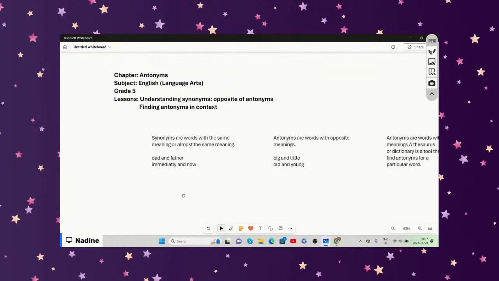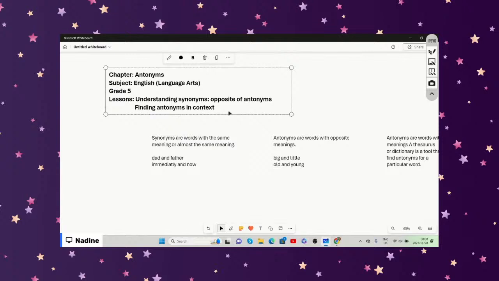So our chapter is antonyms. The subject is English language arts, grade 5, and the lessons we're going to be focusing on today under the chapter of antonyms are understanding synonyms, which is also the opposite of antonyms.